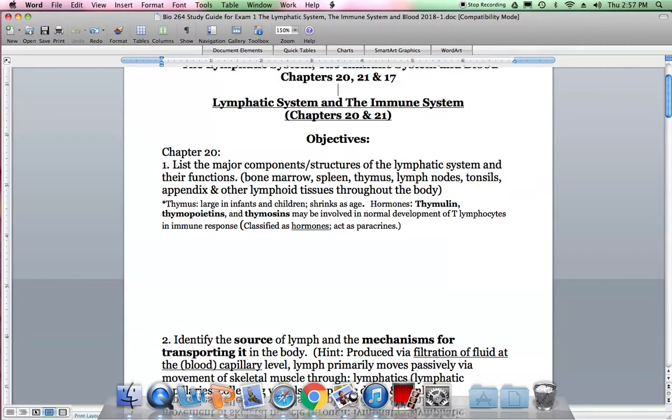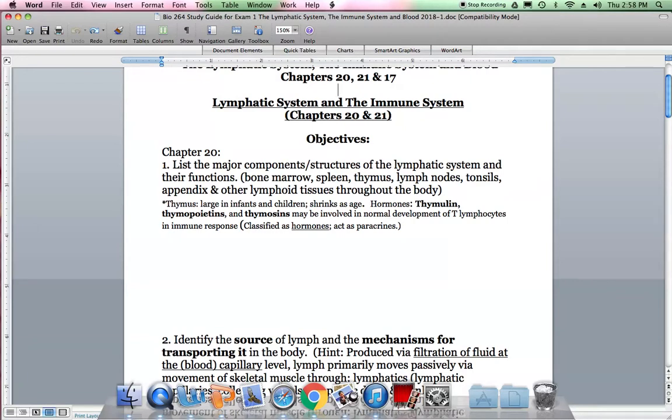The structures are bone marrow, the spleen, the thymus, lymph nodes, tonsils, the appendix, and other lymphoid tissues found throughout the body, such as MALT, the mucosa-associated lymphatic tissue found throughout the mucous membranes, such as the gastrointestinal tract and the respiratory system.